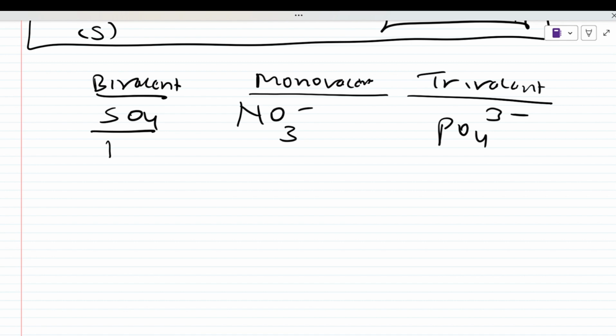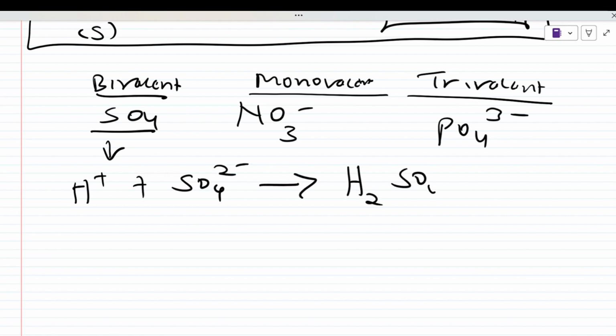So when this one reacts with the hydrogen, it is H positive plus SO4 minus. It is going to form H2SO4. This is sulfuric 6 acid.